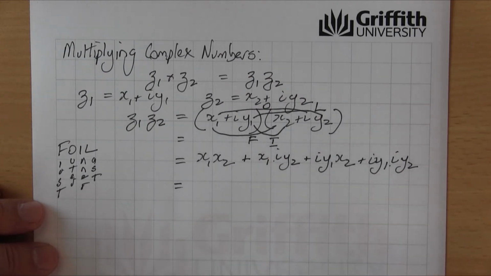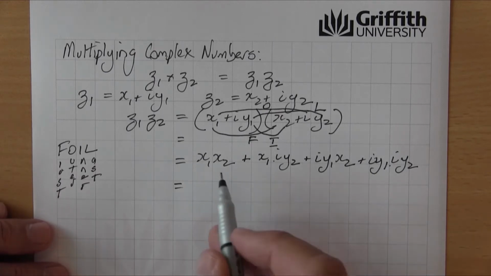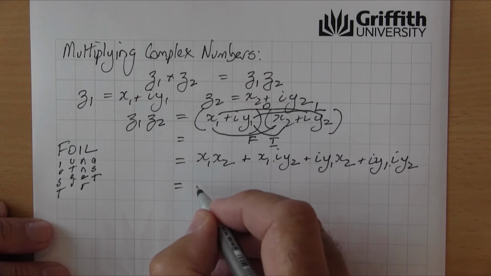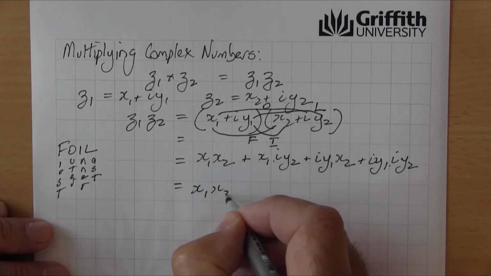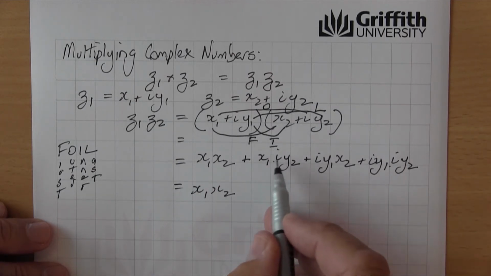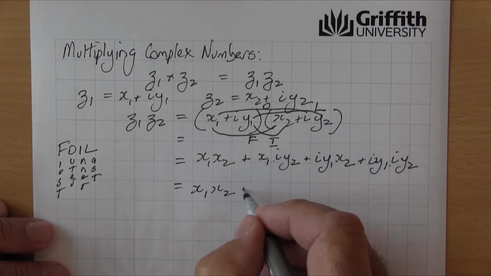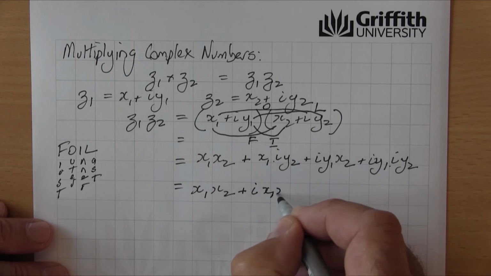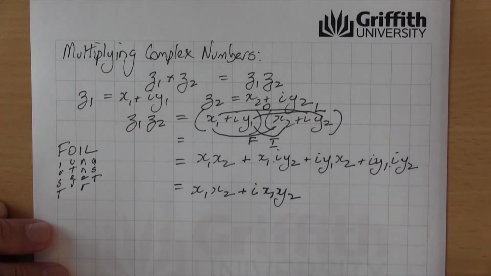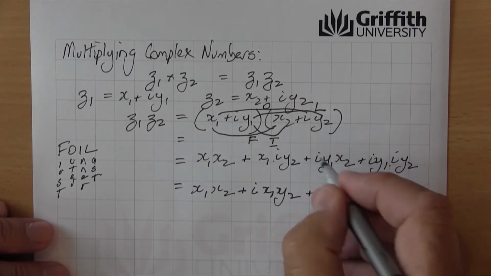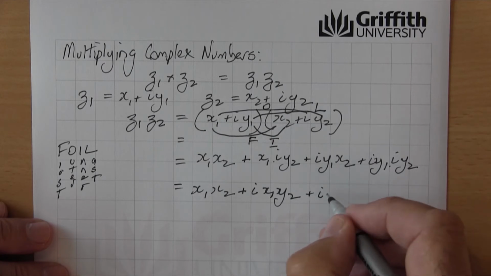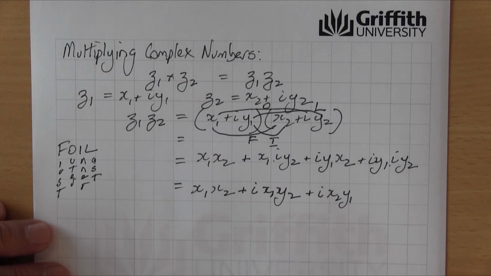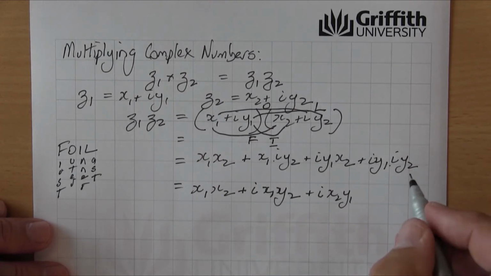The next step is to try and simplify this, and x1 x2 can't be simplified anymore. It's common to put i at the front, so we'll do plus i x1 y2, and we've already got i there, and we'll put the x2 and y1 in that order, to keep it in line with this.